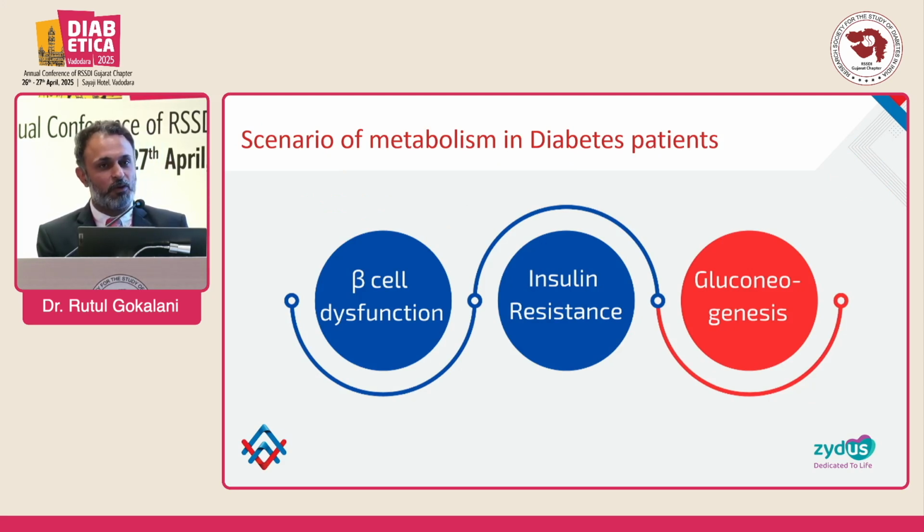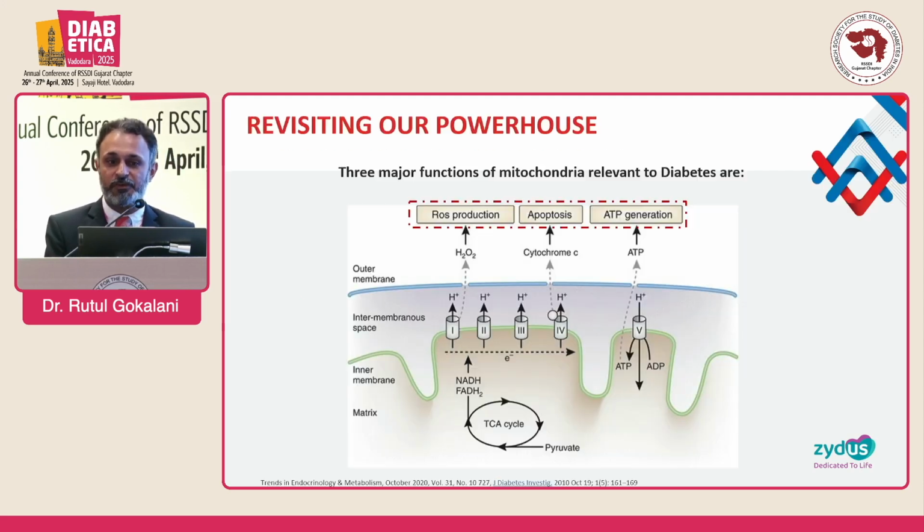And the scenario of overall metabolism in diabetes, if you see, whether it is insulin secretory defect, it may be hyperinsulinemia, that is insulin resistance, or gluconeogenesis. These three are the basic metabolic defects in any diabetic patient we find.